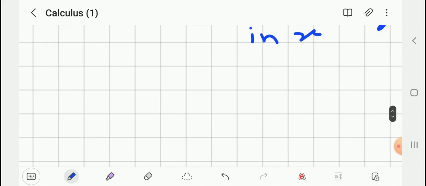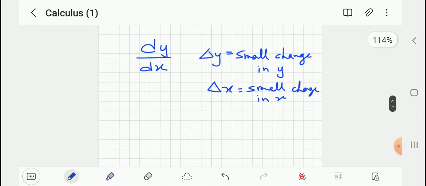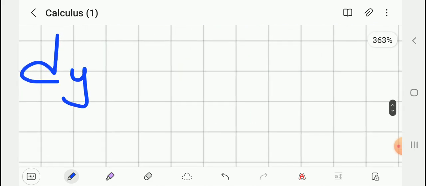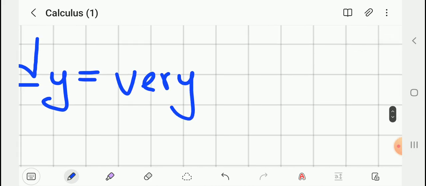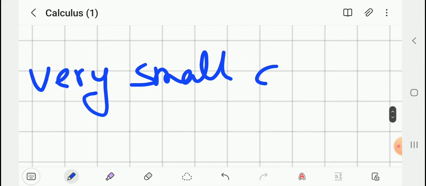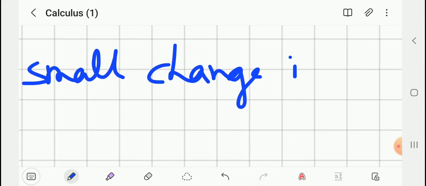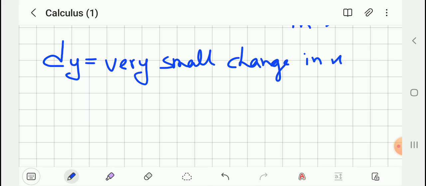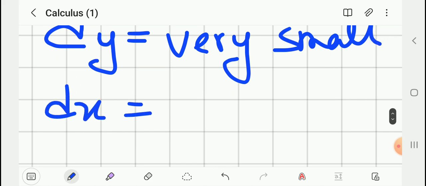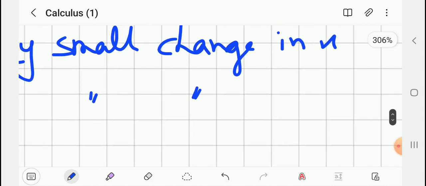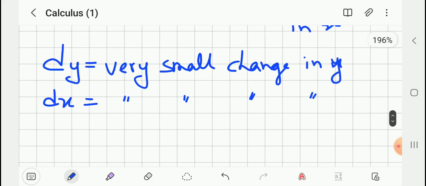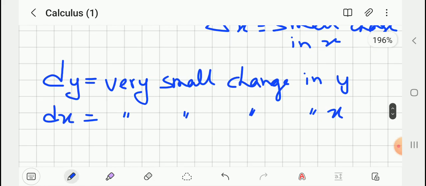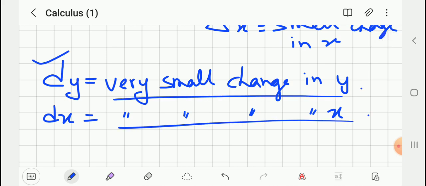Here dy means a very small change in y, like 0.0001, very small. Similarly dx is a very small change in x.